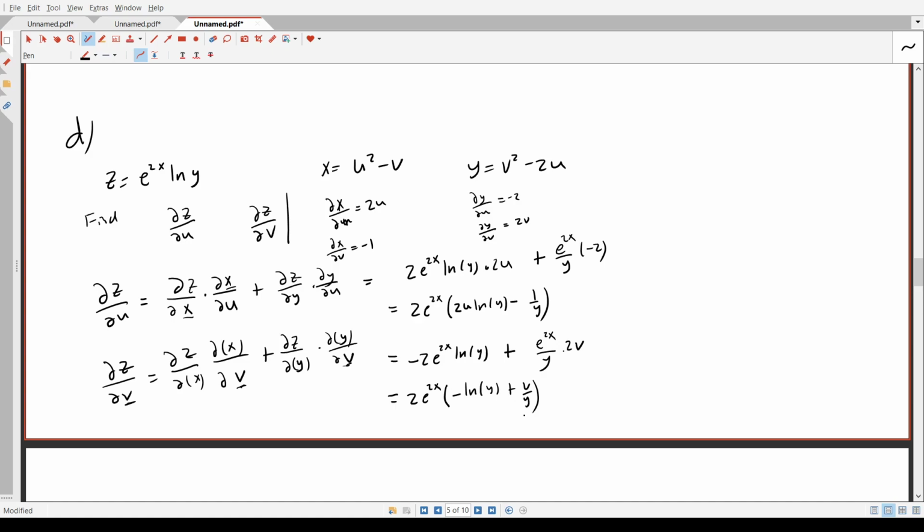Okay, so we're almost done. Notice real quick though, here I have a u and a y and an x, so I kind of have these variables mixed up. I want to separate it out so that it's only in terms of either u and v or in terms of x and y.